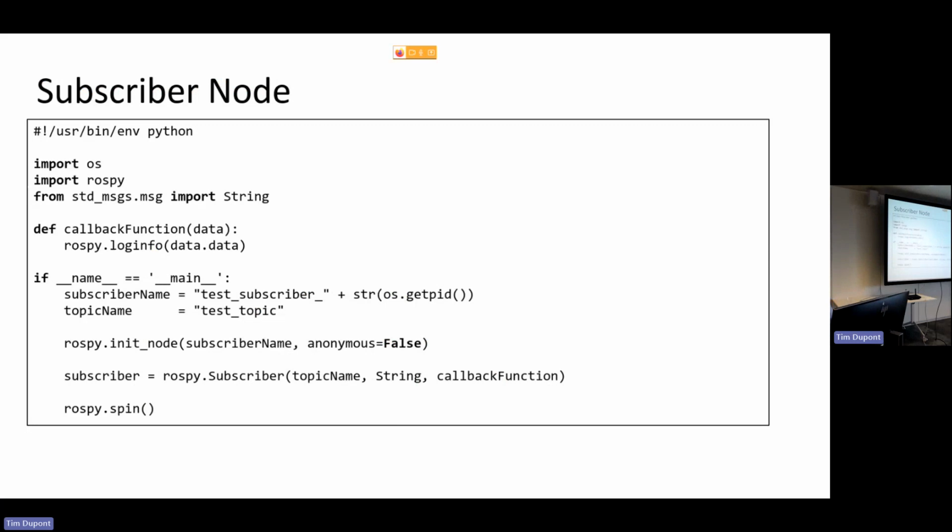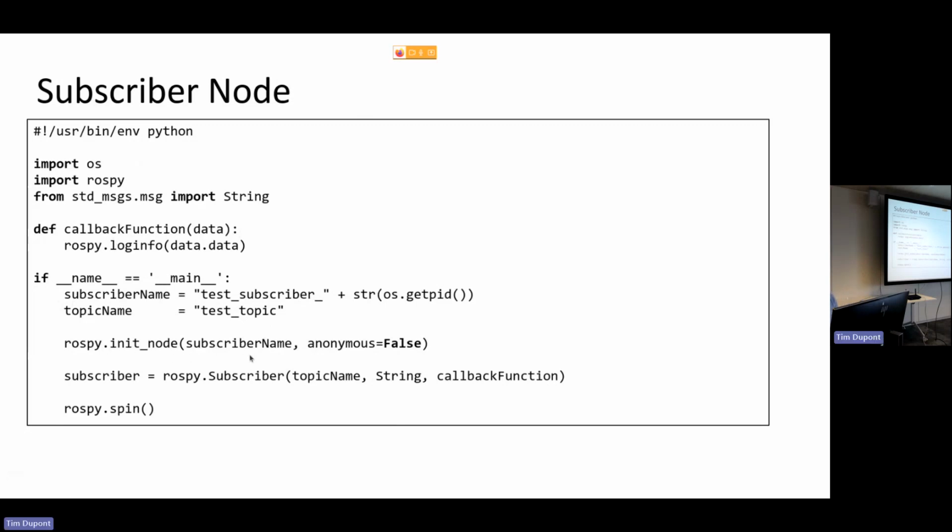And the code for the subscriber is pretty similar and very easy. Also include the same libraries. There's a callback function to receive the data. And in the main method, or constructor in Python, I also created a unique name for the node, named test subscriber, followed by the process ID, and the same topic name, test topic.